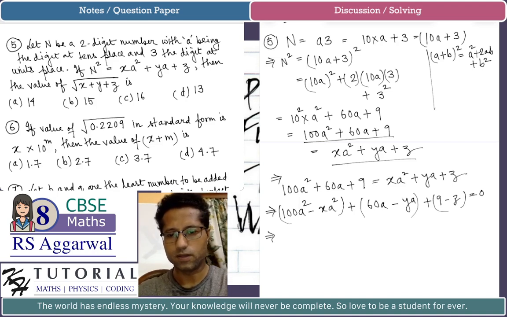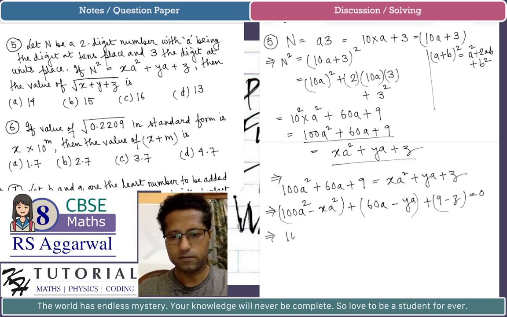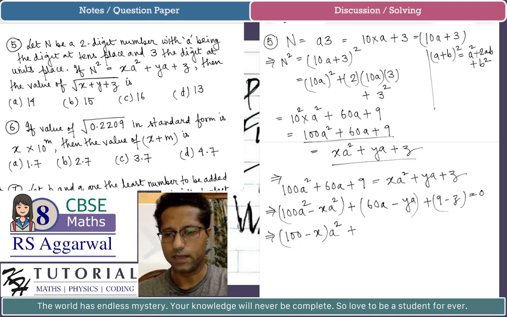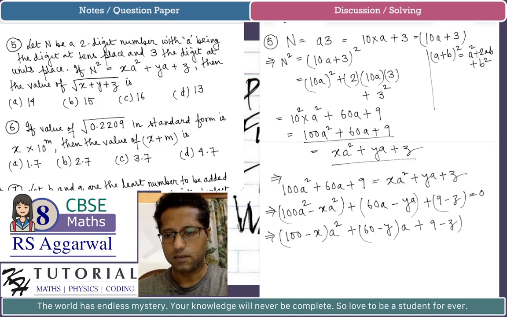If you take a square common from the first term, we get (100 minus x) a square, plus, taking a common from the second term, (60 minus y) a, plus 9 minus z equals 0.